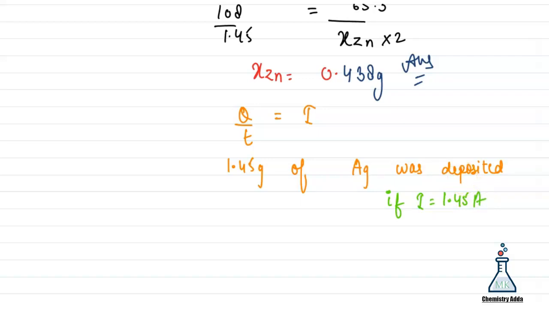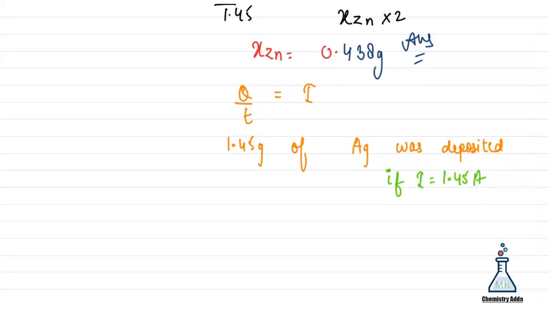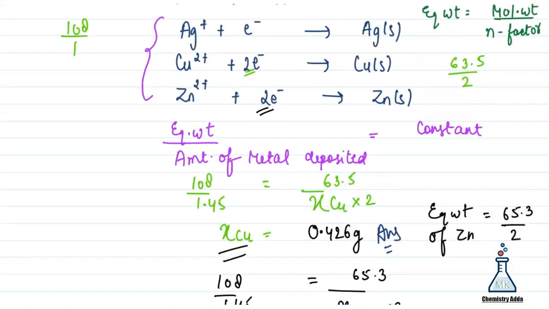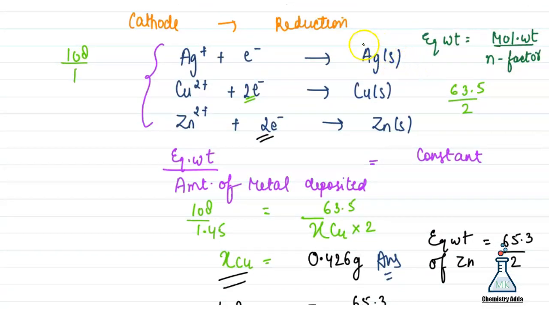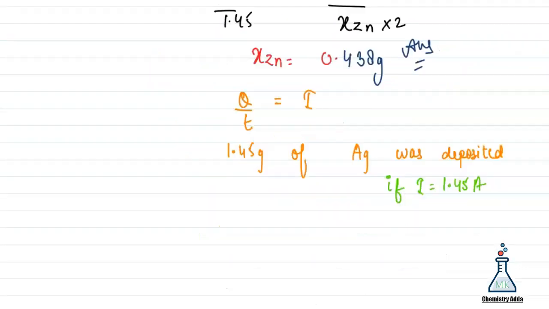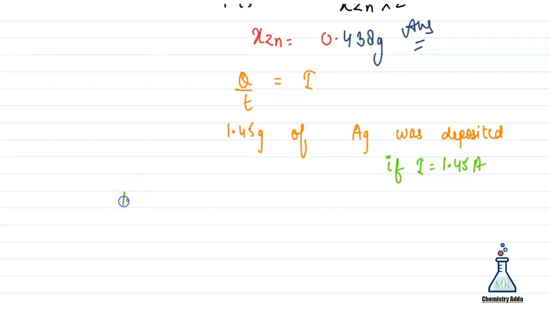As we can see from the reaction, to deposit 108 gram of silver we require 1 mole of electrons, and 1 mole of electrons has 96500 coulomb of charge. So 108 gram requires 96500 coulomb.